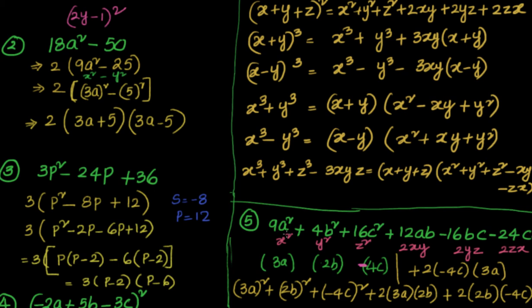The only point we have to remember is whenever there are some positive terms or some negative terms in 2xy, 2yz, 2zx, look for the common terms. If xy is positive, that means both x and y are positive. If yz is negative and zx is negative, which is common is z. So if I check this, it's exactly fitting with what I have simplified. So this is nothing but equal to (3a + 2b - 4c) whole square. That's nothing but (3a + 2b - 4c) into (3a + 2b - 4c).